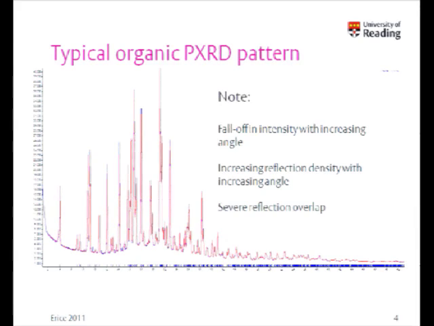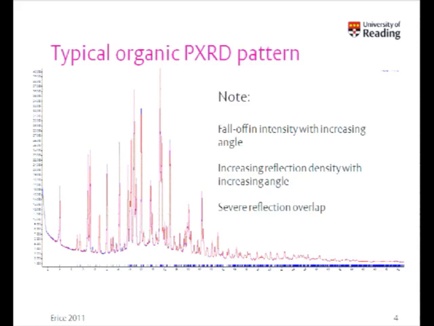In a typical organic powder X-ray diffraction pattern, there are certain things that are almost universal when you collect your pattern. The first thing is this fall off in intensity with increasing angle that we mentioned earlier on, which is a function of the Lorentz polarization correction and also the form factor fall off.